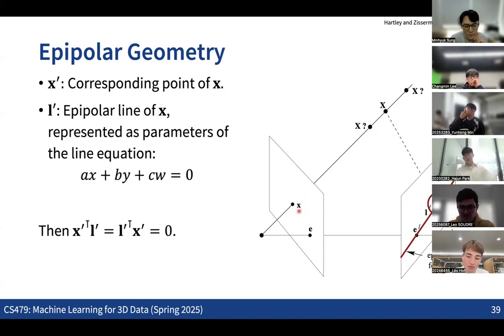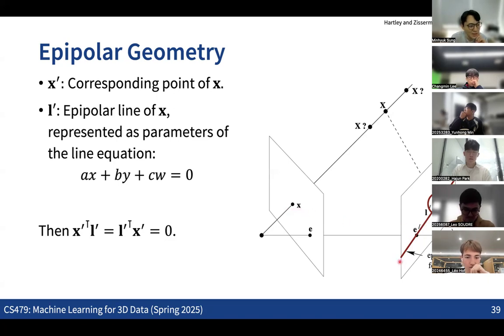So even in the case that we don't know the corresponding point of X in the second image, it's not the case that any arbitrary point in the second image can be the corresponding point of X. Only a point over this line can be the corresponding point of X, right?